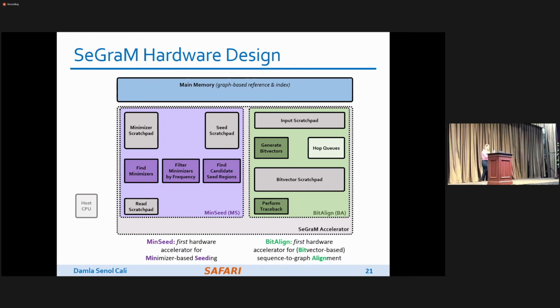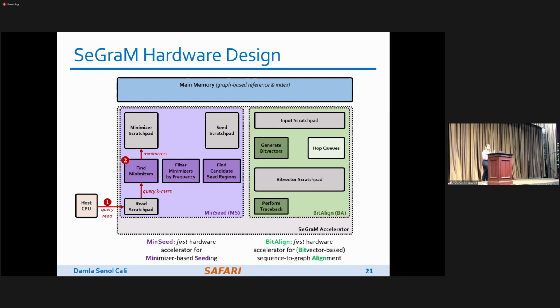SIGGRAM execution starts when the query read is streamed from the host and MinSeed writes it to its scratchpad. Using all of the k-length subsequences, which are called k-mers, of the query read, MinSeed finds the minimum representative set of these k-mers, which are called minimizers, according to a scoring mechanism, and writes them to the minimizer scratchpad.